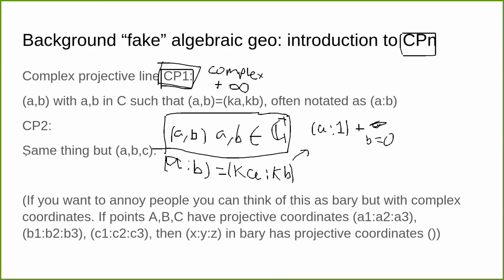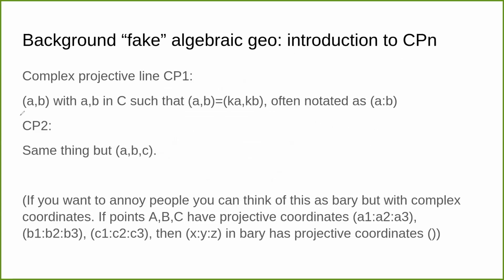Okay, so anyways, CP2. This is called the complex projective plane, and it's basically the same thing, but you define the ratios A colon B colon C, and you can't have A, B, C all equal to 0. You can't have this because this is just bad. The structure of CP2 is that you can set C to equal 0, and then this space A colon B colon 0 is basically just a line, right?